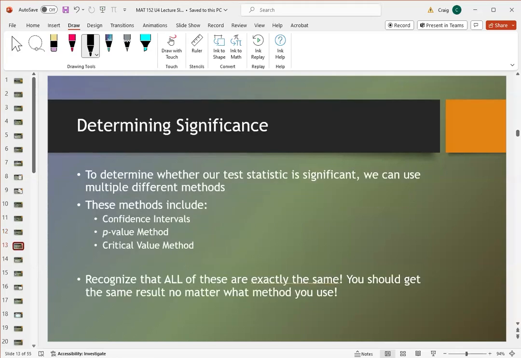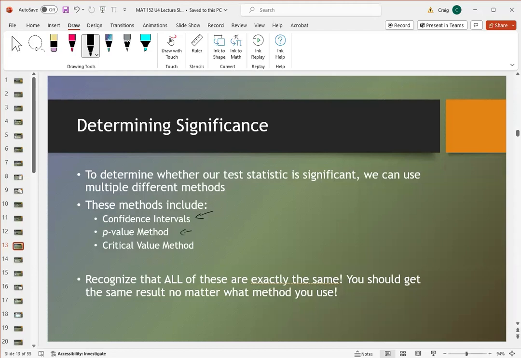In order to use these hypothesis tests, we have to determine if our result is significant, if it's unlikely to happen. We need to determine that probability. Is it less than 5%? There are lots of different ways to do this. You've even learned some of them already. We can use different methods to determine if the event is unlikely to happen. One way is confidence intervals, which we'll briefly talk about.